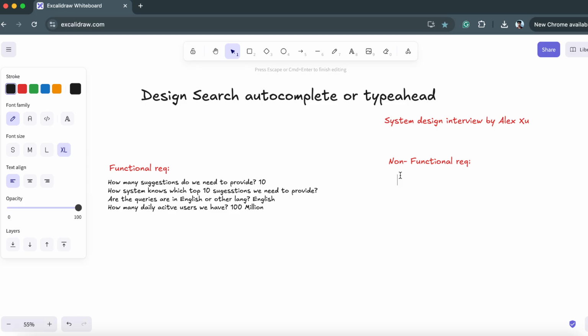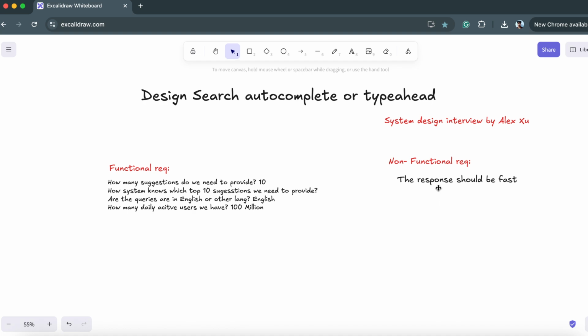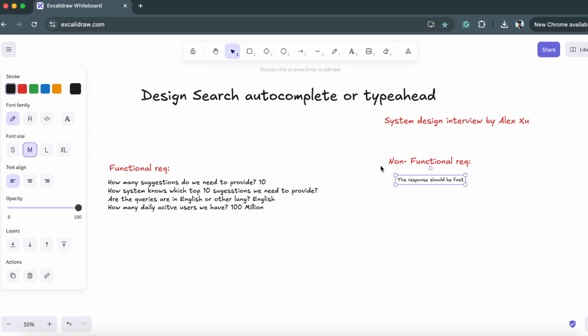So obviously the response should be really fast, ideally in between 10 milliseconds and, let's suppose, 60 milliseconds.